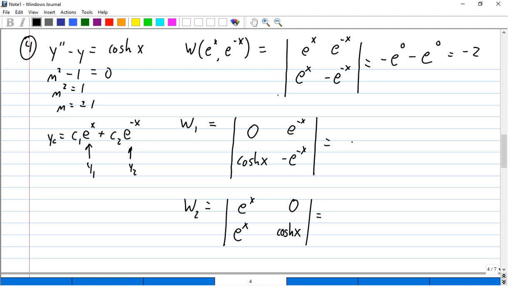So what about here? Negative e to the negative x times hyperbolic cosine of x and then here we have what?